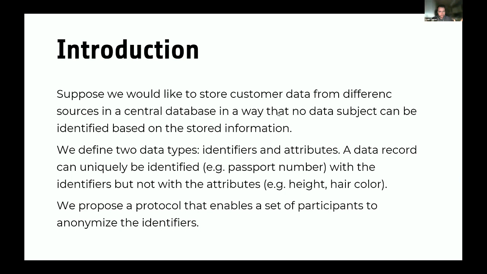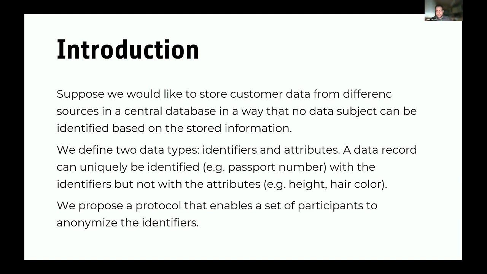We will anonymize these types of data, and the other set of data is the attributes, which are the most common data about a person, and nobody can be identified with it, like a hair color or age or something like that.